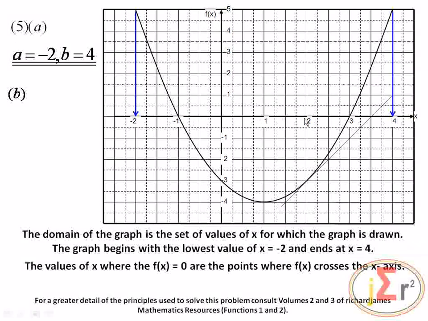So we are going to use our graph to determine the values of x for which f of x is equal to 0. We are going to find the values of x for which the graph crosses the x-axis. And there we have them, -1 and 3. So x is equal to -1 and x is equal to 3.